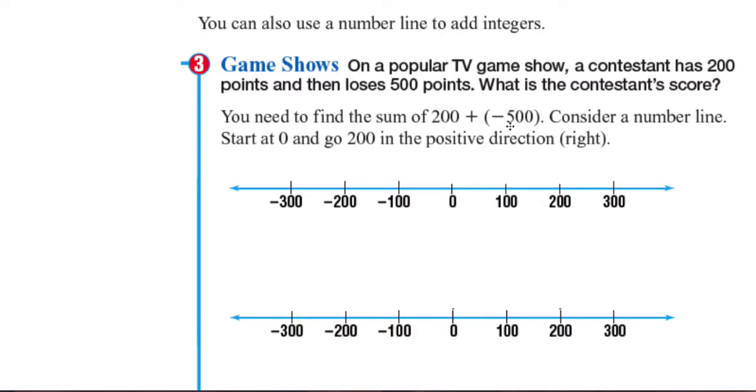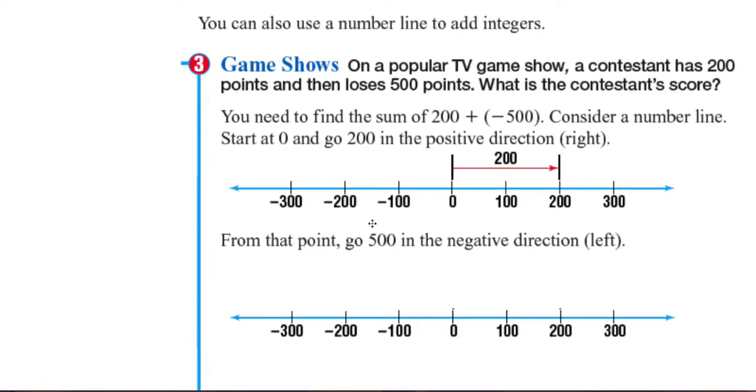So let's consider the number line. So we start at 0 and go to 200. And this is what we did here. Okay? So in terms of 200, it is going to the right. So we go to the right of 0, going to 200. From that point, from 200, all we need to do is go 500 in the negative direction, which is going to the left.